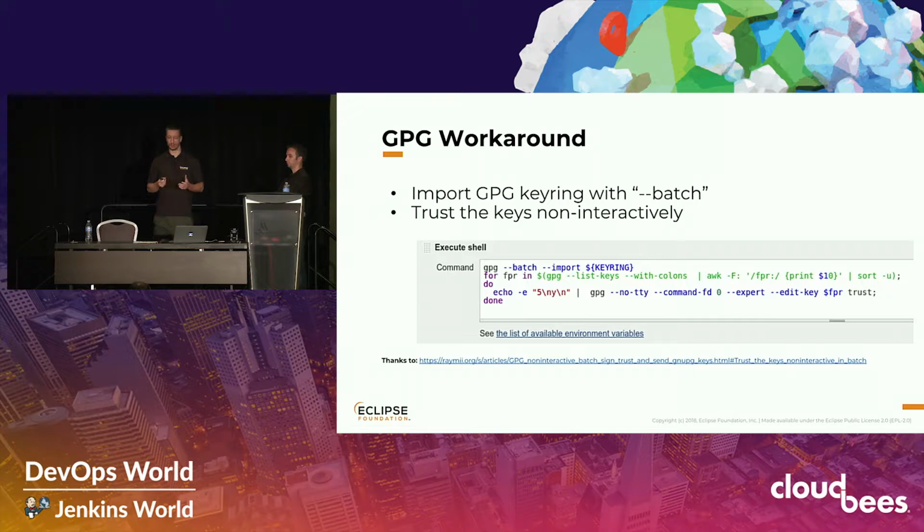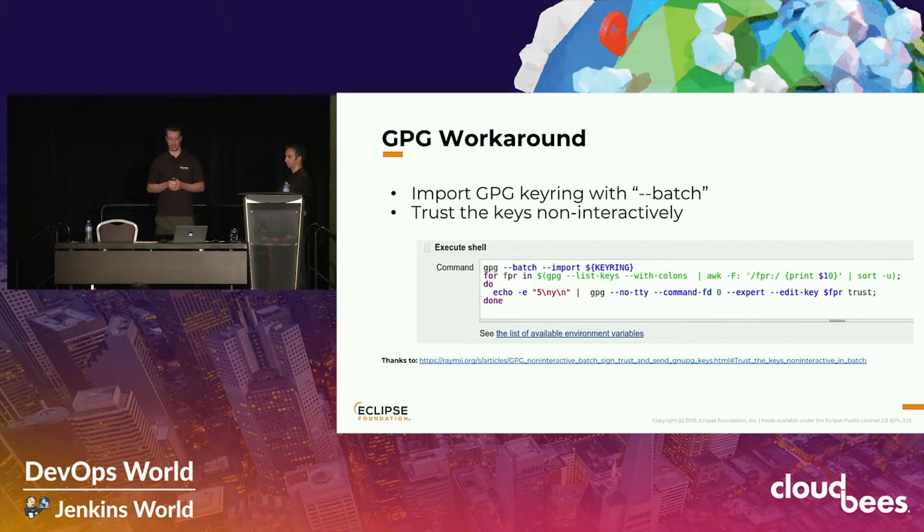And what you need to do with a shell step is then import this GPG keyring. It's important to specify the --batch argument, otherwise it does not work in a non-interactive way. You also need to trust the keys, otherwise you get some error messages.